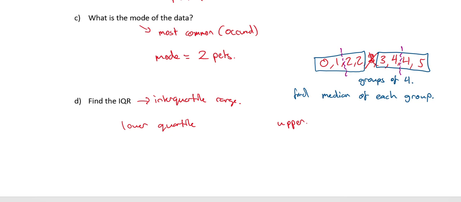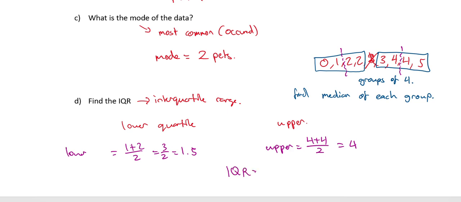So that will just be 1 plus 2 divided by 2, which equals 3 over 2, which equals 1.5. So this is what lower quartile equals. Upper will equal 4 plus 4 divided by 2, which just equals 4. So that's about it. Next, you can just do IQR equals 4 minus 1.5, which equals 2.5. I'll just write 2.5 pets. It's just that simple. Okay.